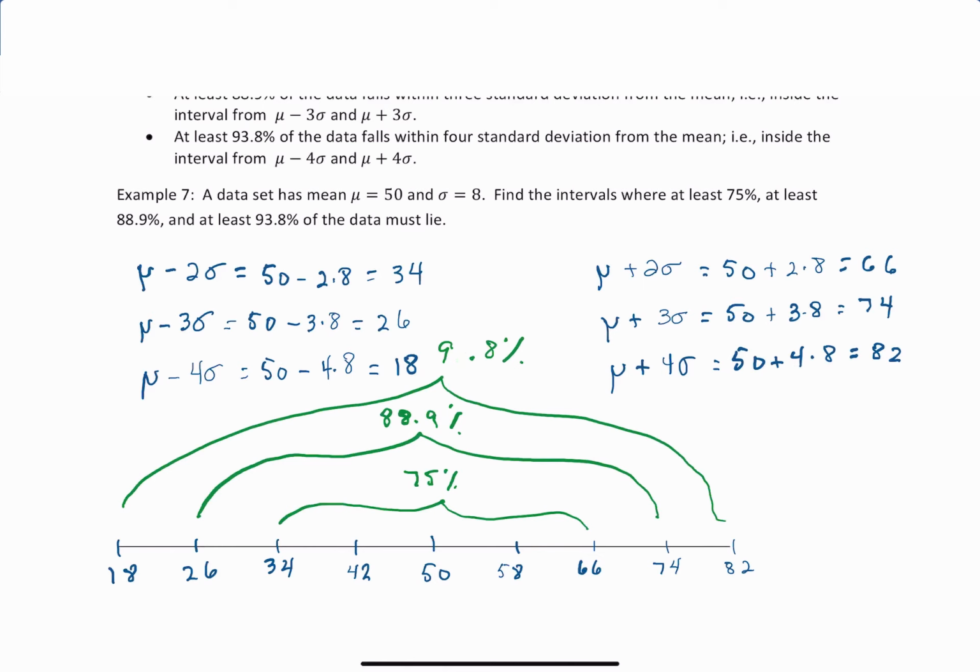And I should have been saying at least. So Chebyshev's theorem, for example, doesn't actually say that exactly 75% of the data lives between 34 and 66. What it actually says is at least 75% of the data lives in there.